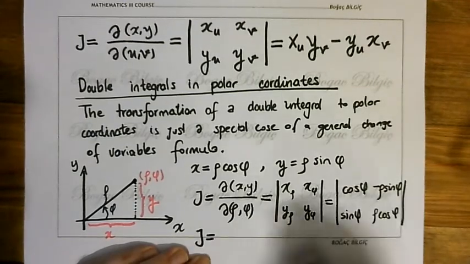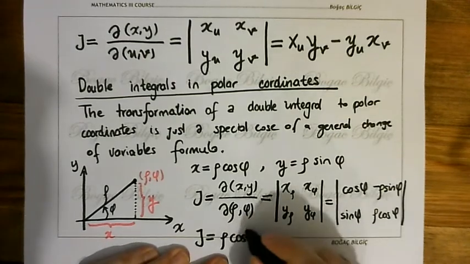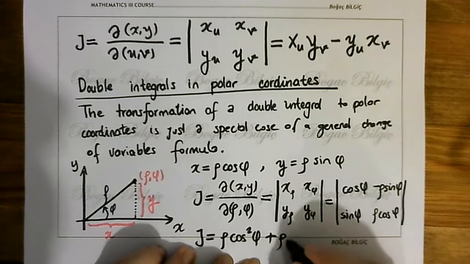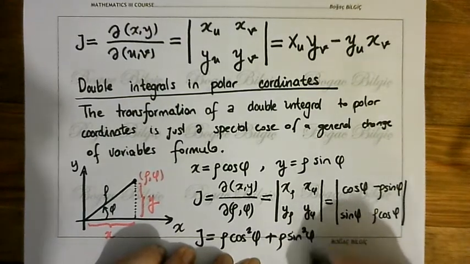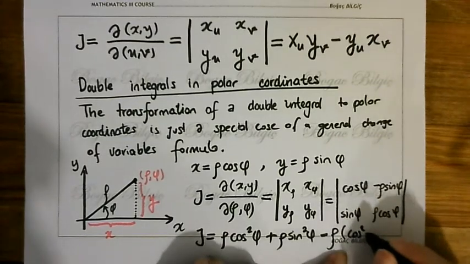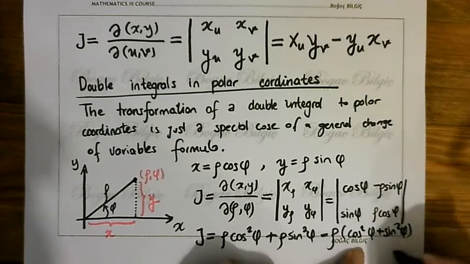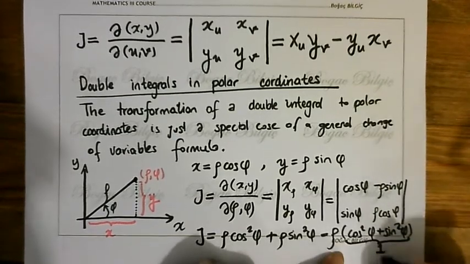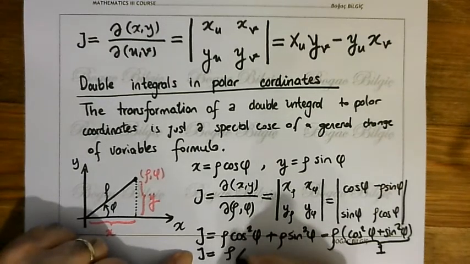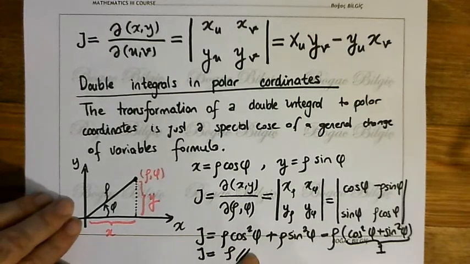The Jacobian is rho cos squared phi plus rho sin squared phi, equal to rho times (cos squared phi plus sin squared phi), which is 1. The Jacobian is equal to rho for polar coordinates.